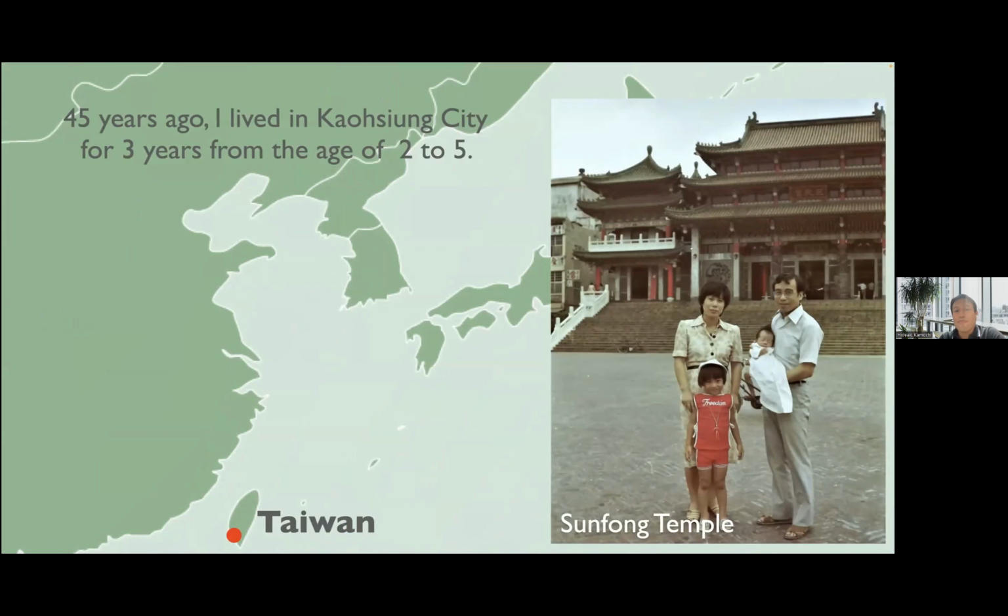I heard from my parents that the people in Taiwan were very friendly and we had a wonderful time there. This photo was taken with my family at the renowned Kaohsiung Temple. The boy wearing the red shirt and pants was me at 5 years old.